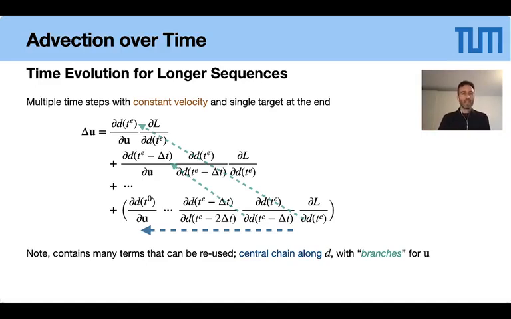So in a way, the important point is, once we can compute one step, we just have a sequence of those, and we can easily evaluate arbitrarily long sequences in a very similar manner.